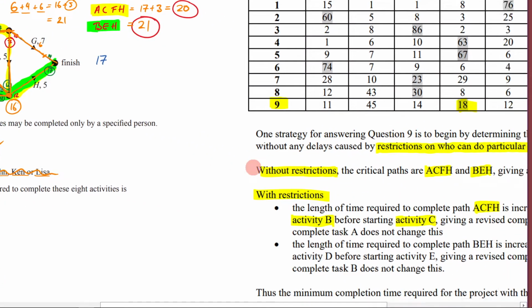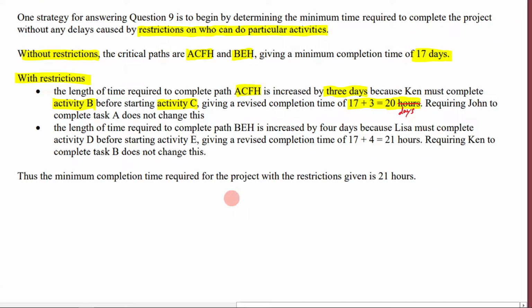Then we got to the tricky one. This one, hopefully I explained it well, but it was tricky. It says, the length of time required to complete path BEH is increased by 4 days because Lisa must complete activity D before starting activity E, giving a revised completion time of 17 plus 4 is 21 hours. Again, this shouldn't say hours.